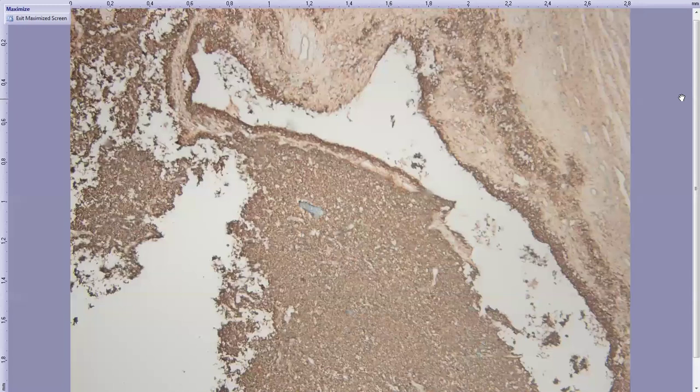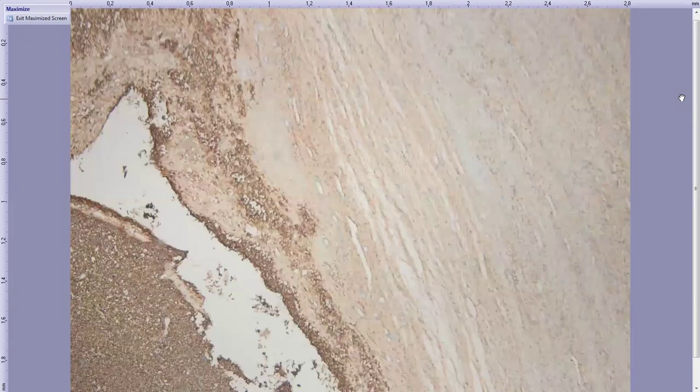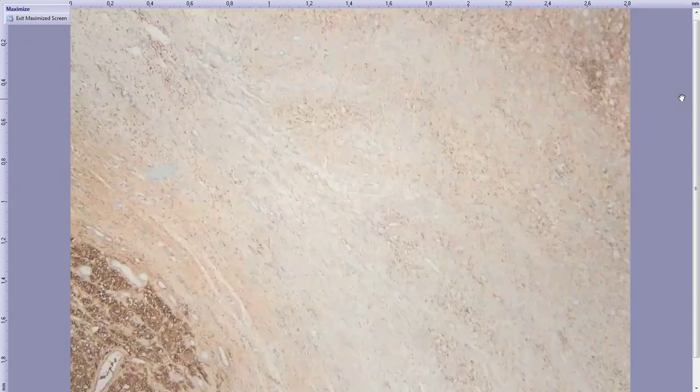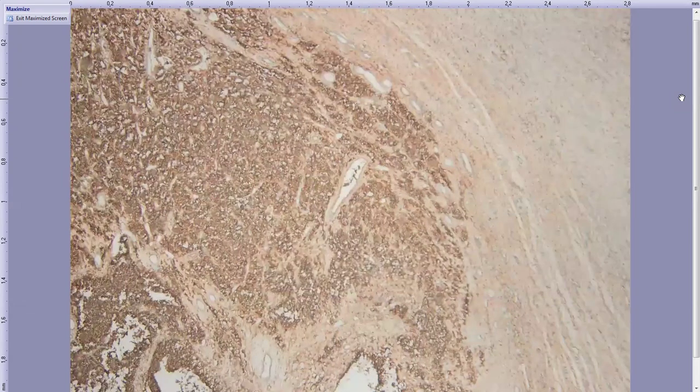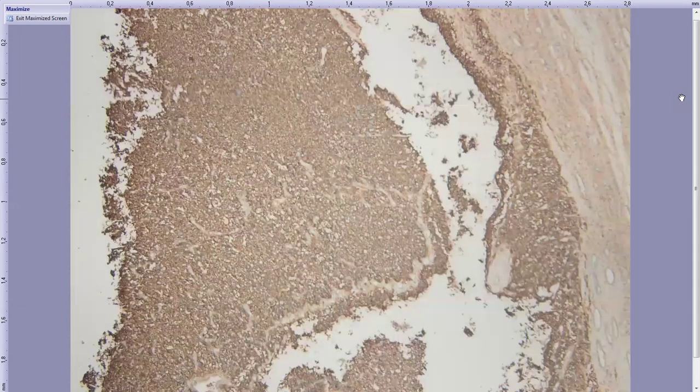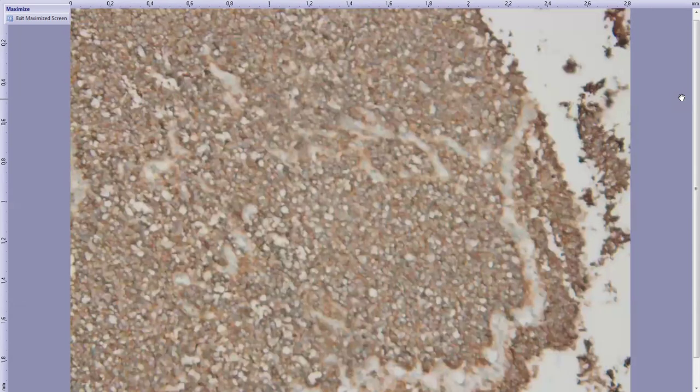The other immunohistochemical stain is CD99. And although there's some non-specific staining or a blush in the background renal parenchyma, we can say that the tumor itself is strongly positive with CD99.